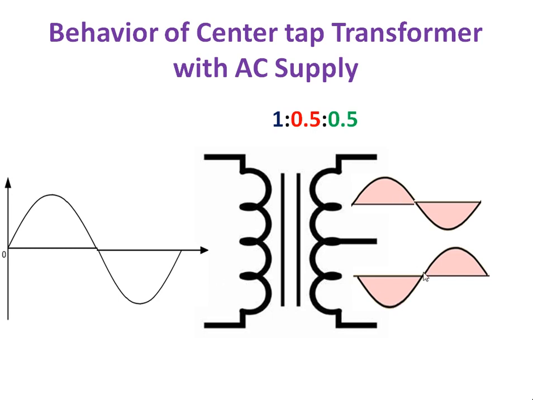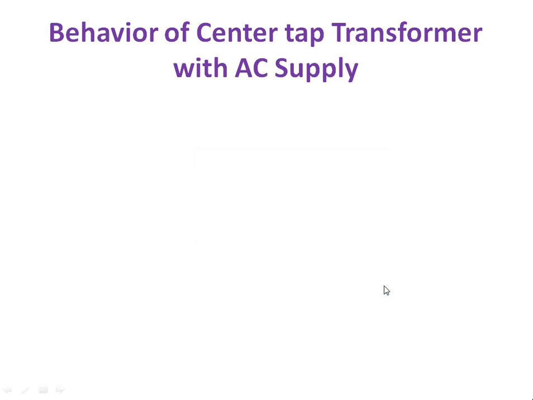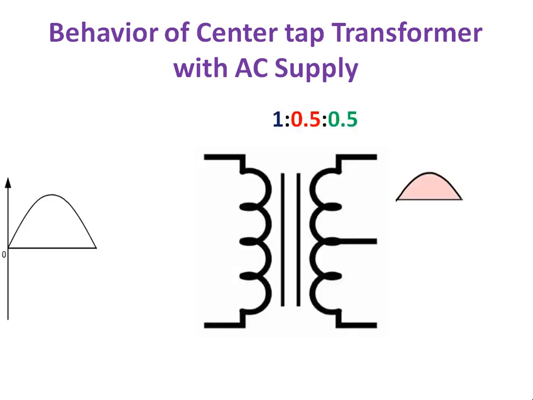So this is the top portion and bottom portion output. Here I am applying a magnitude Vm, but on the output side I am getting only Vm by 2. In the negative half cycle I am getting only minus Vm by 2. So this you have to remember. So the behavior of the center tap transformer with an AC supply is the same. During the positive half cycle I am getting such a waveform.